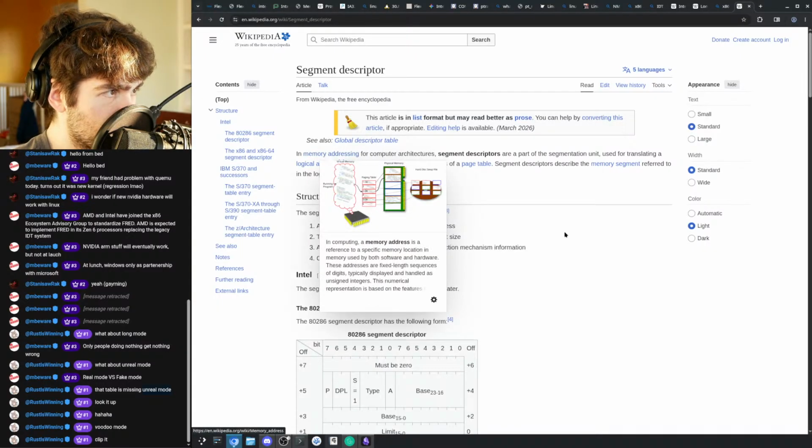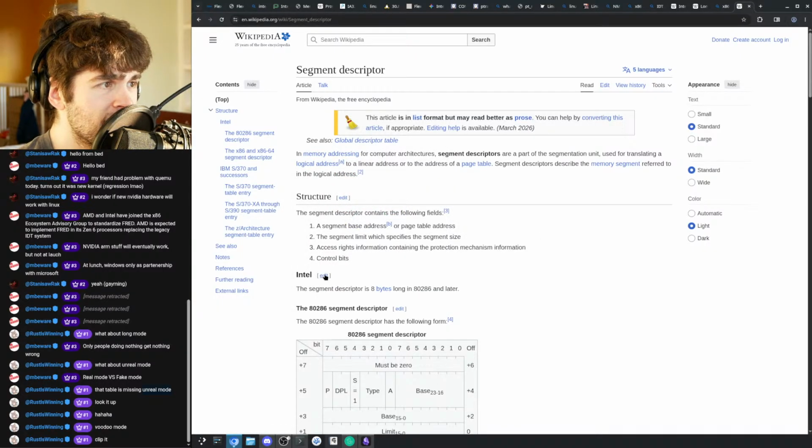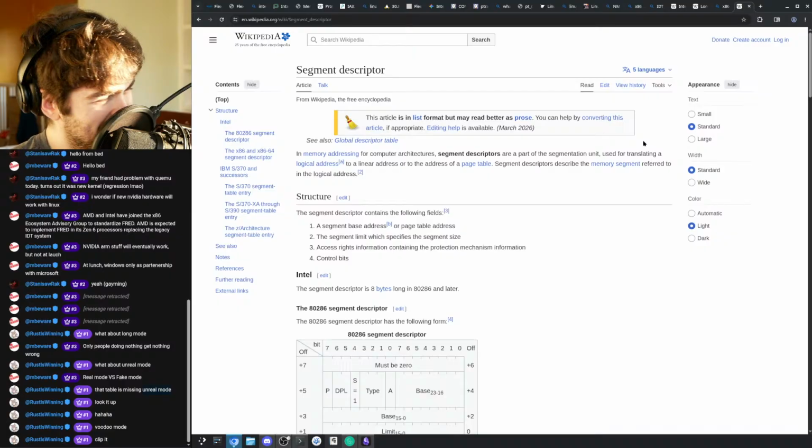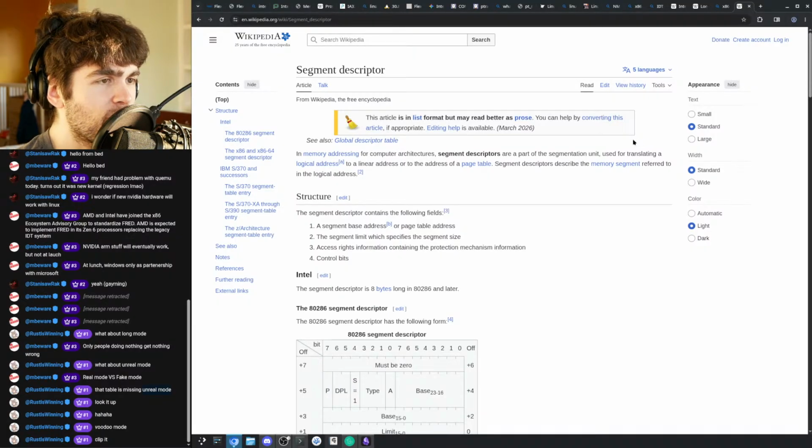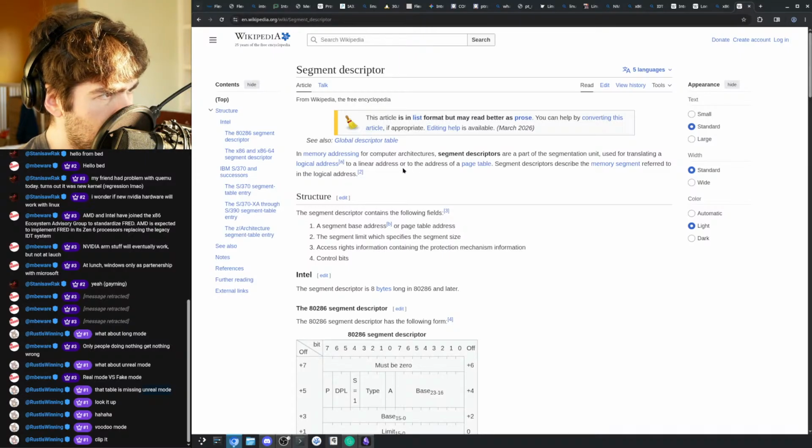In memory addressing for computer architecture, segment descriptors are part of the segmentation unit, used for translating a logical address to a linear address or to the address of a page table.